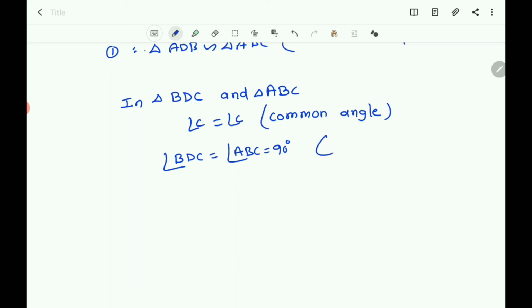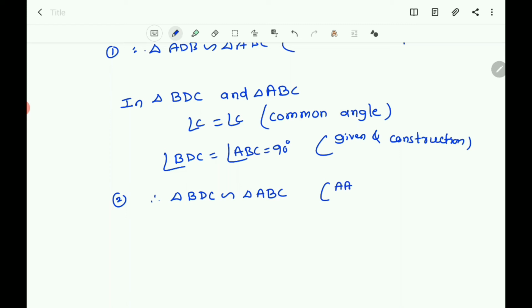What reason can you give here? Again it is given and construction. So then you can write, therefore triangle BDC is similar to triangle ABC, and the criterion used is AA similarity criterion.